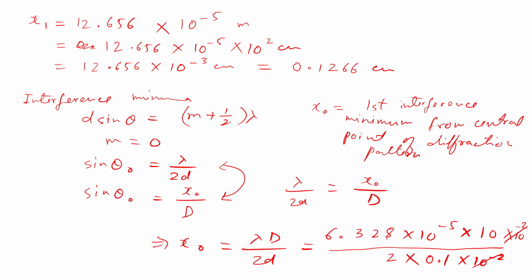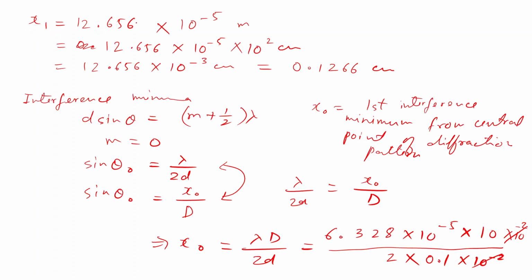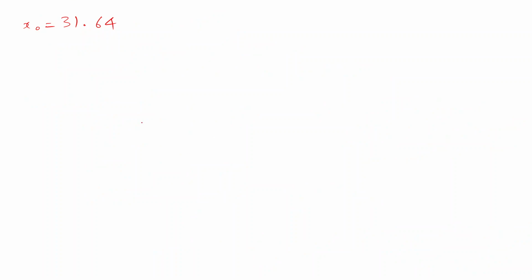When I solve this, I will get 6.328 times 10 divided by 2, 31.64, and this power will be 10 to the power minus 5 meters.